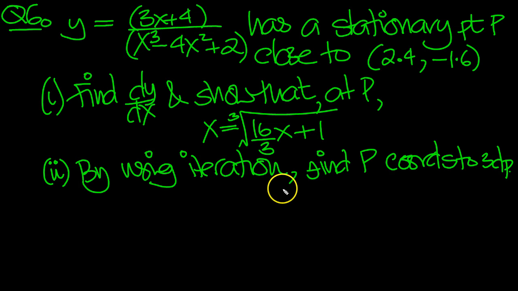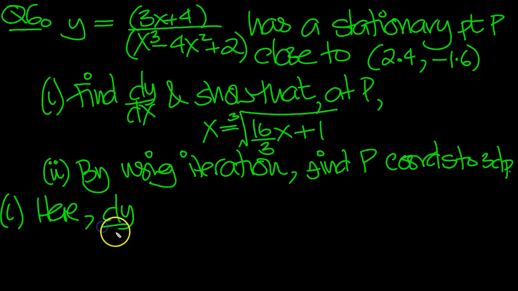So let's have a look at this question then. So let's get dy/dx for part 1. So here, dy/dx is equal to, it's a quotient function, so we use the quotient rule. I put a bracket because there's more than one single object.